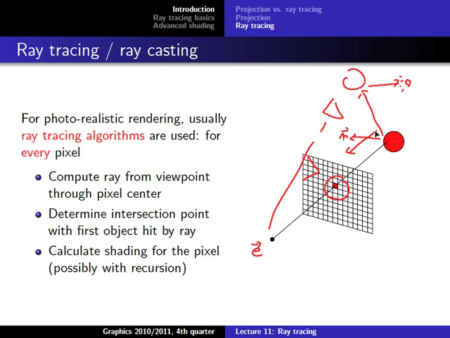So to make it really realistic, we recursively follow this ray until we hit a light source, and then we know the concrete light conditions, and all the other conditions that influence the light at this particular point, and then we draw that point on the screen. And it's exactly this recursive following of the ray that makes these ray tracing images usually more realistic than with the projective methods. Although, like I said, those approaches are coming closer and closer together.